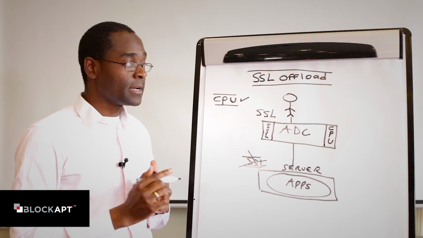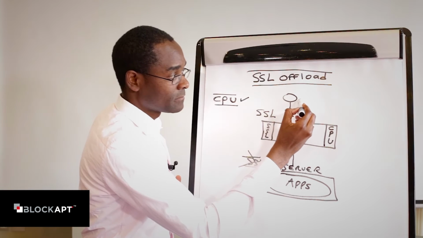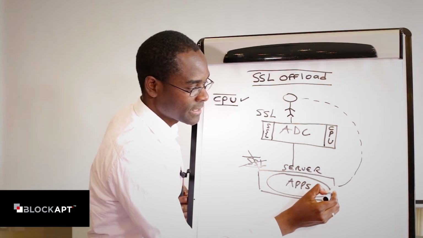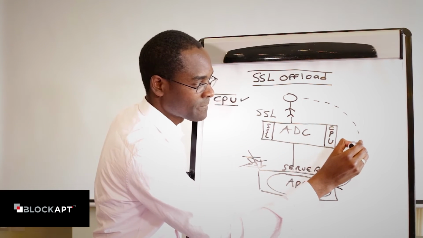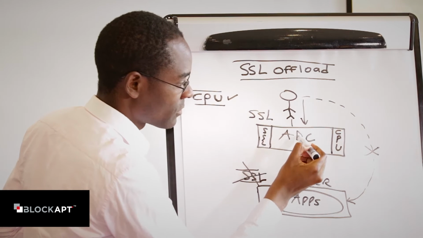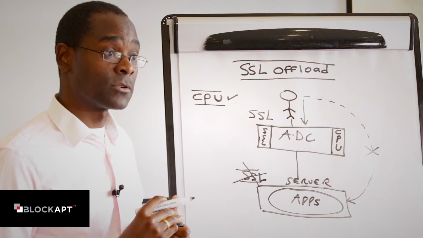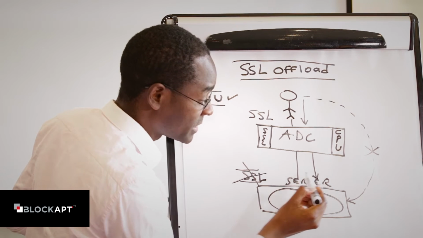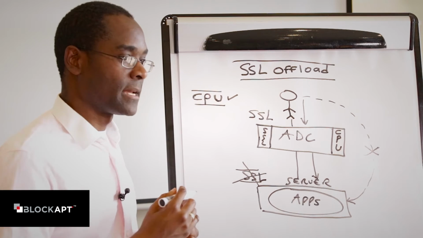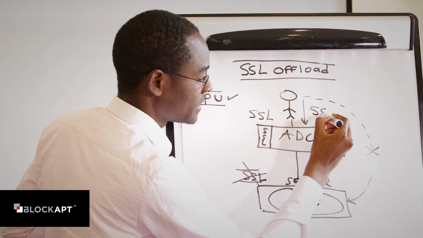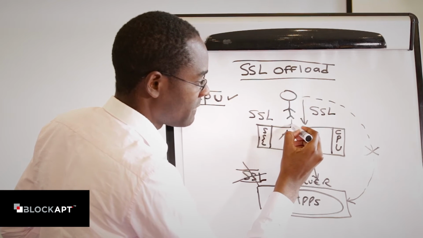For that to work, instead of having the client talking to our backend system directly, we're going to try to avoid that. We're going to get this client to talk to this device, usually called an application delivery controller, and that device will then talk to the backend system. Notice here that we're not doing SSL on that backend. We're only doing SSL between the client and our first device here.